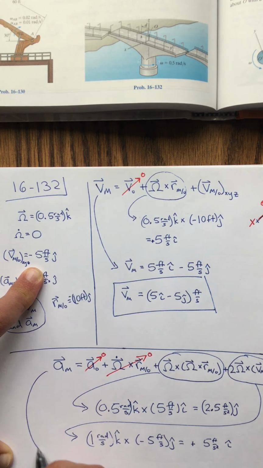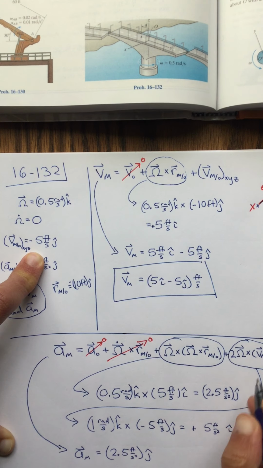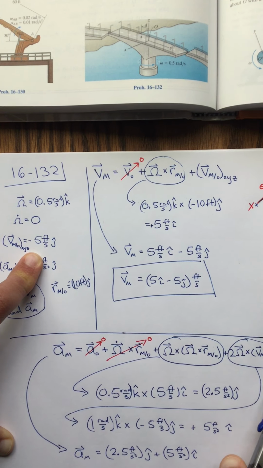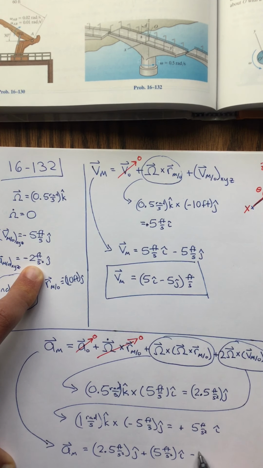Now I can take this equation and put everything together. So the acceleration of the man is equal to, this is 0, this is 0, this is 2.5 feet per second squared in the j hat direction, plus this is 5 feet per second squared in the I hat direction, and my relative acceleration here is -2 feet per second squared in the j hat direction.